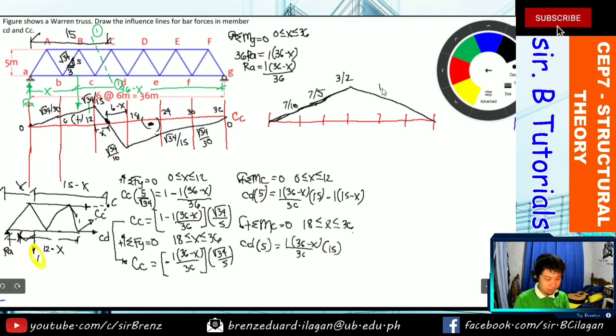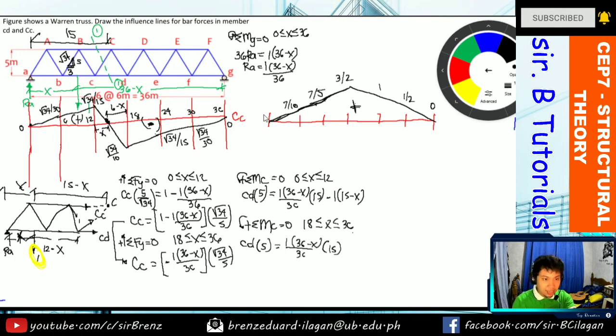Dapat 0 siya. Calculate 30. Dito is 1 half. And then, calculate 36. Then dito, 0. So, positive lahat na. So, therefore, tension siya all throughout doon sa paglakbay o pag-travel ng 1 unit load across the truss.